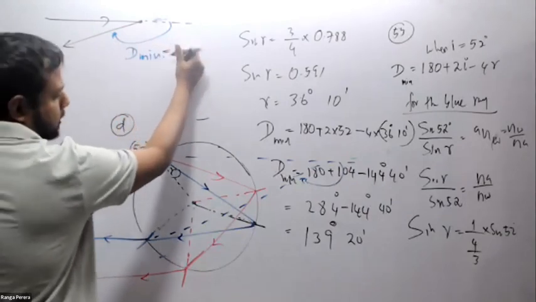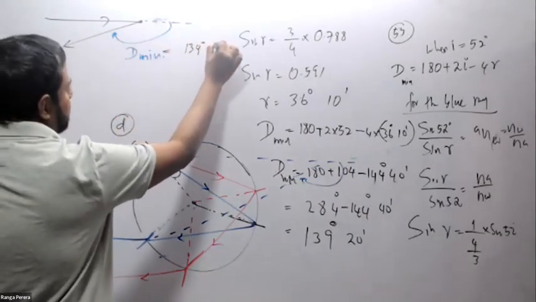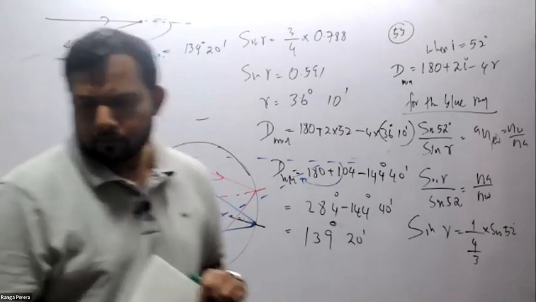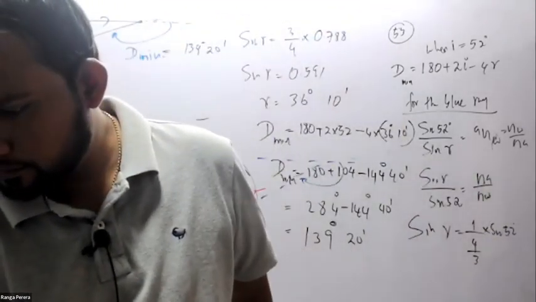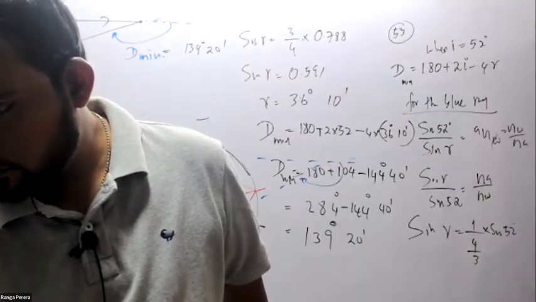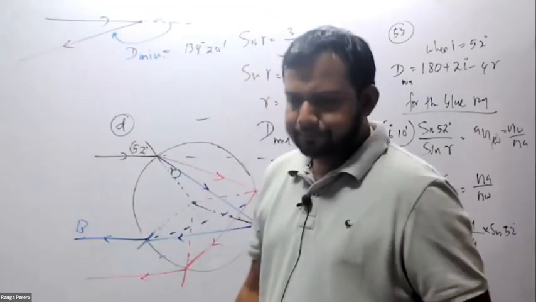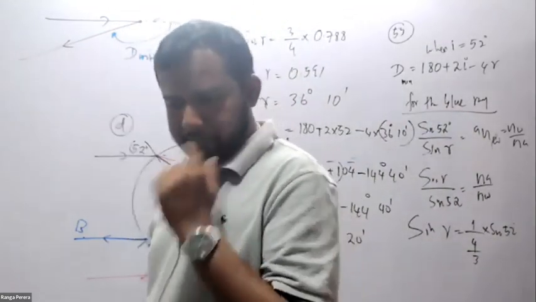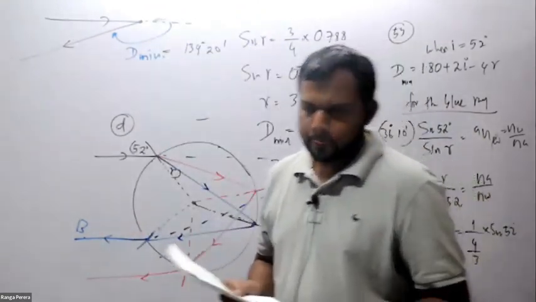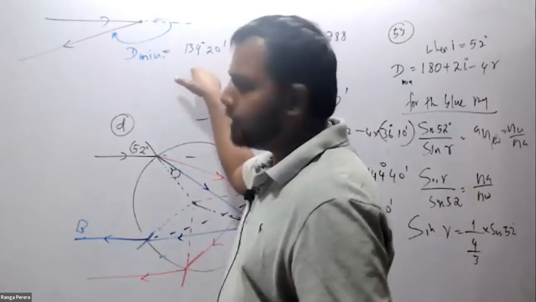D minimum is how much? 139 degrees 20 minutes. Is that clear?